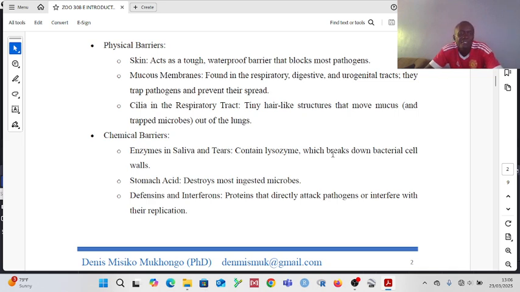Then we have the defensins and interferons. Defensins and interferons, these are proteins that will attack pathogens, okay, directly. Or if they cannot do that attack directly, they will interfere with the replication of these pathogens.